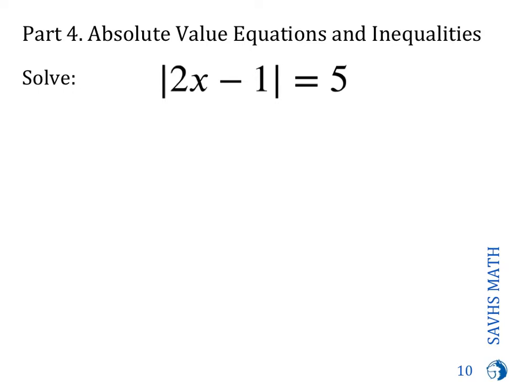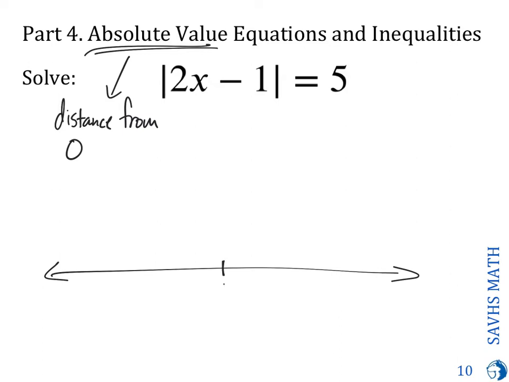This is the interesting part of today. This may be a little bit new. Hopefully you've seen absolute value before. Remember that absolute value is defined as the distance from 0.